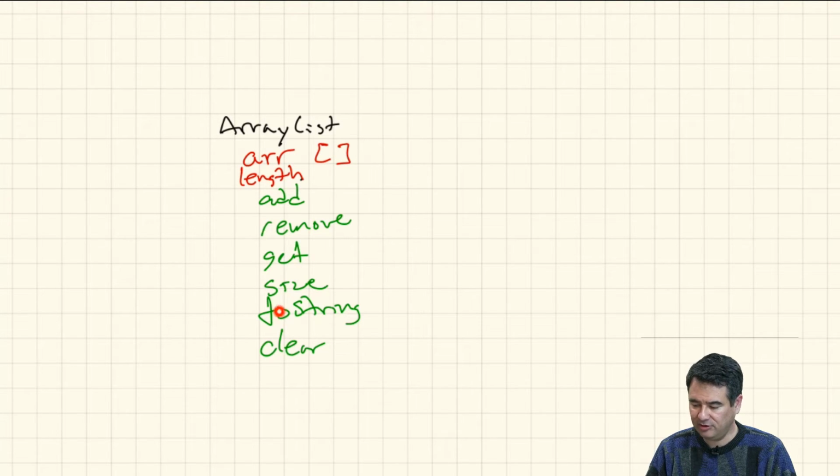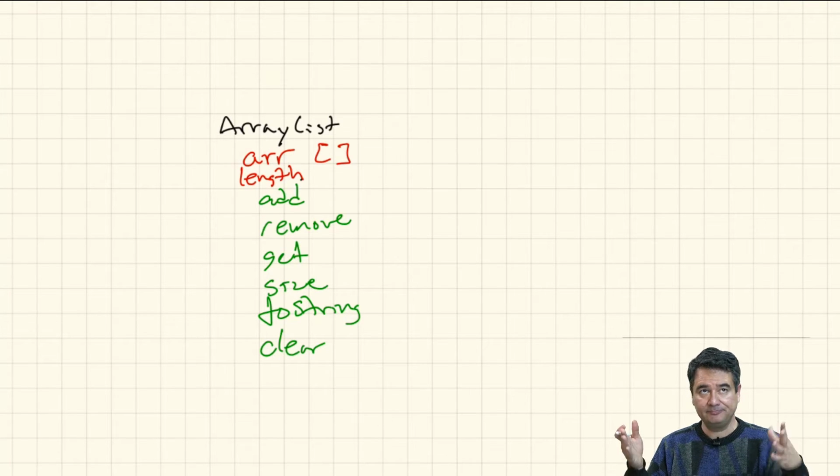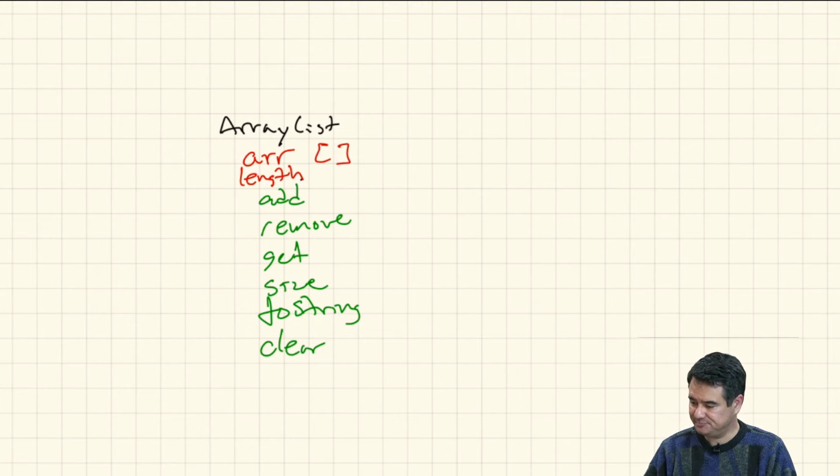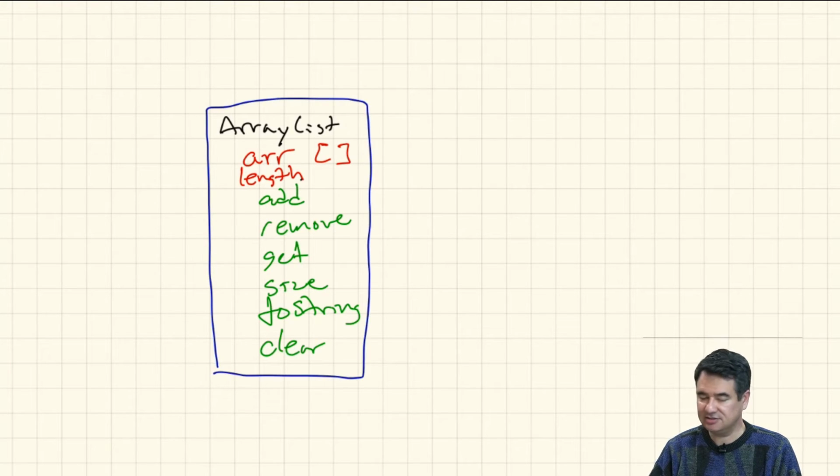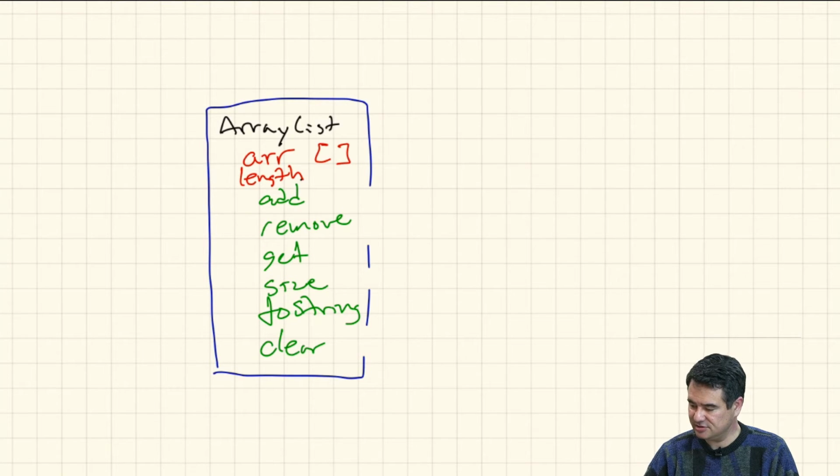Okay, but the whole point of having these methods is to hide these internal variables and provide controlled access to those variables. So ArrayList boxes this whole thing up, and then, if you will, it puts these little windows in the side.